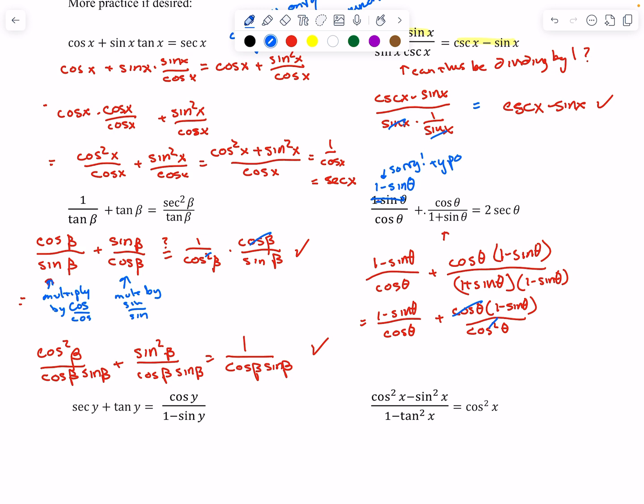Cancel, cancel, add together. Yes. So what do I have? Oh, I multiplied. What did I do? 1 plus sine, 1 minus sine, 1 minus sine squared, cosine squared, 1 minus sine. Oh, yeah. This should have been 1 plus sine. Sorry, typo.